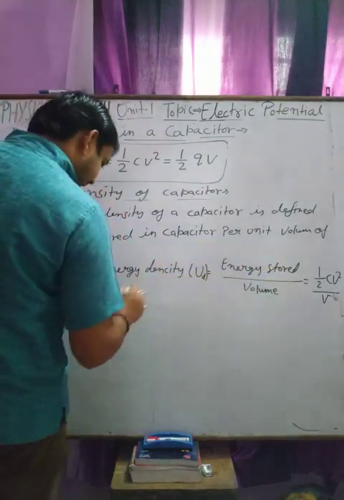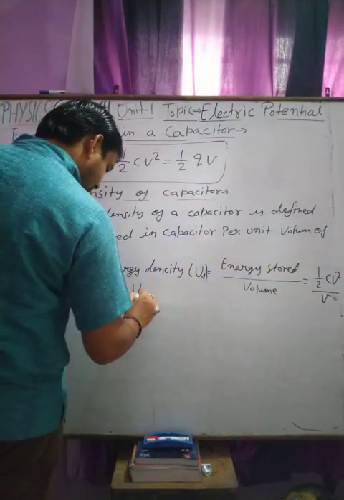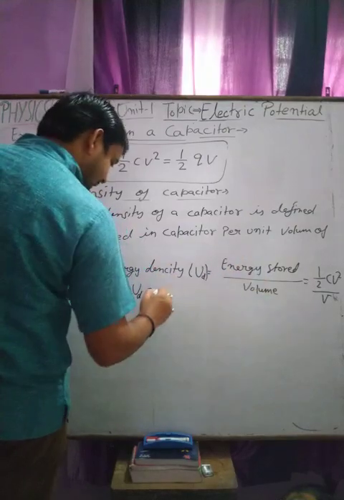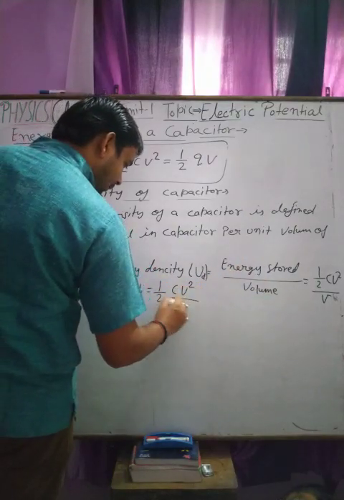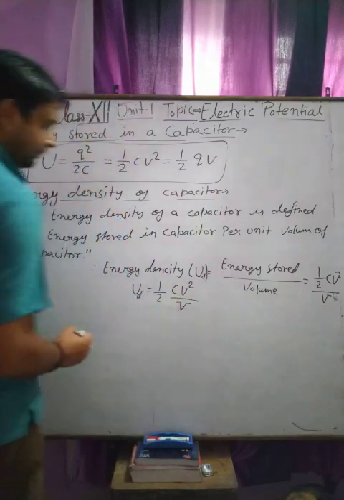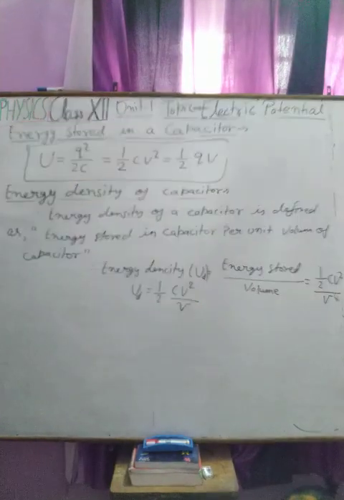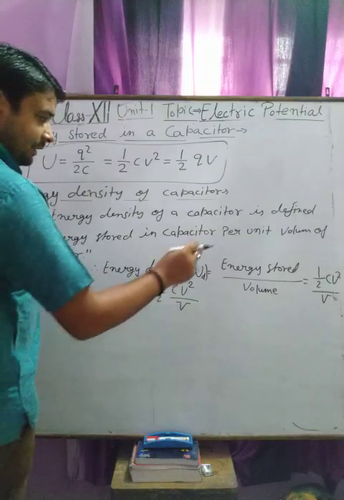Now I am writing this value: UD, energy density, is half CV square upon volume.